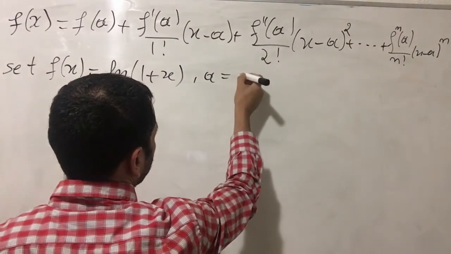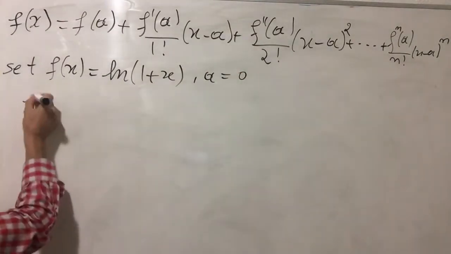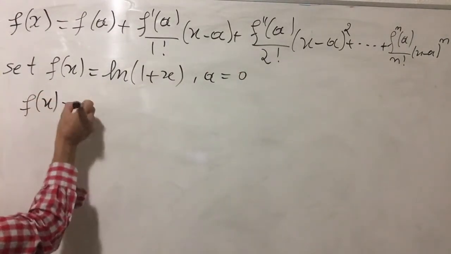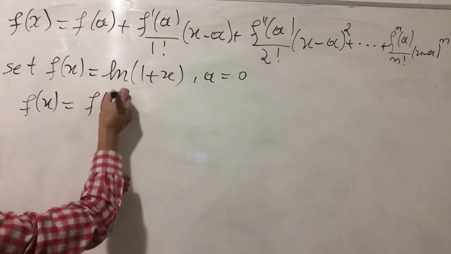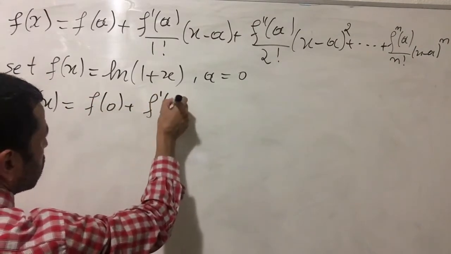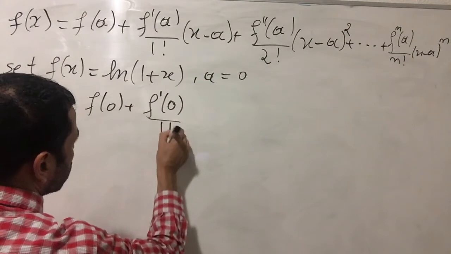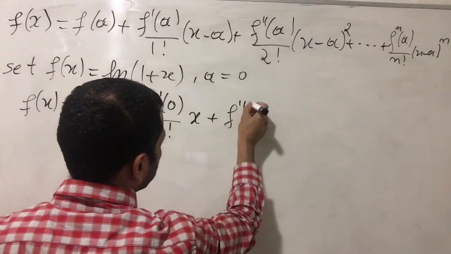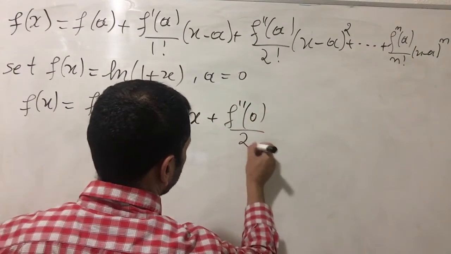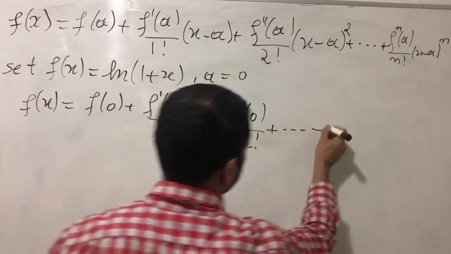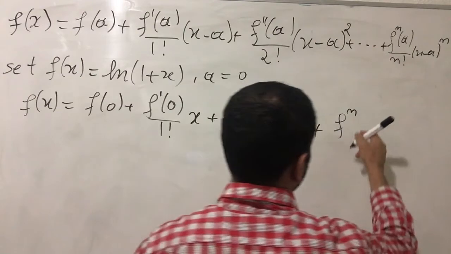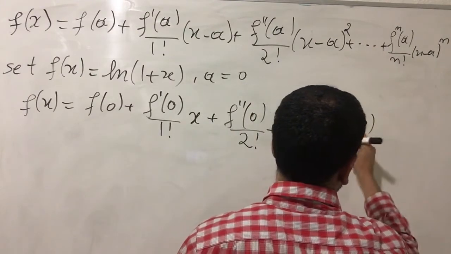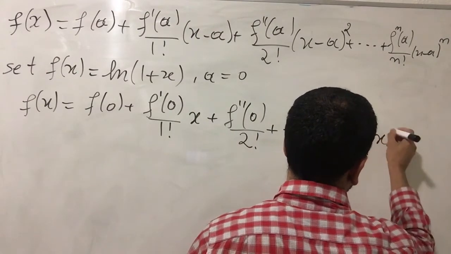So f of x equals f of 0 plus f prime of 0 over 1 factorial multiplied by x plus the second derivative function at the point 0 over 2 factorial, and so on until you get the last term, which is the nth derivative function at the point 0 over n factorial multiplied by x to the n.